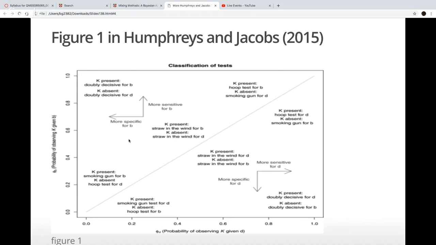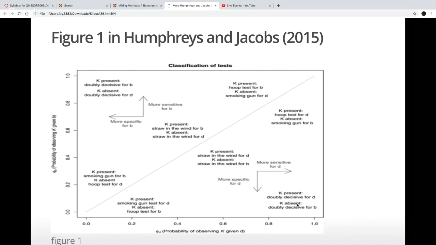In contrast, in the top left and bottom right corners, we have what is known in the process tracing literature as a doubly decisive test. Now, when they use the word test, they definitely don't mean hypothesis test in the sense of looking at whether a Z statistic is greater than 1.96 or whatever.